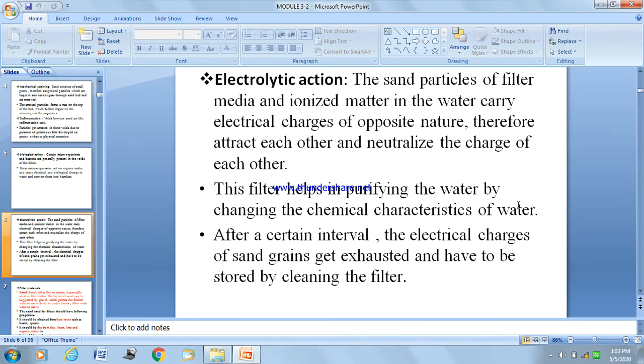This helps in purifying the water by changing its chemical characteristics. After a certain interval, the electric charges in the sand grains get exhausted and have to be restored by cleaning the filter.